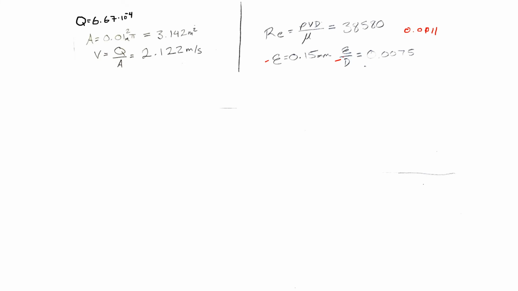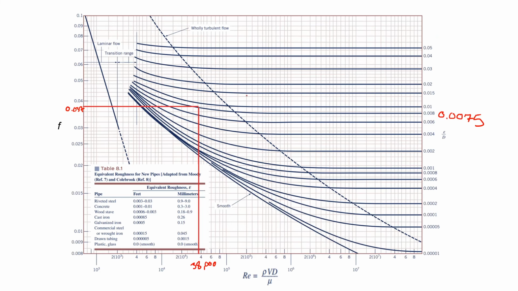Okay, so now with all this information, this relative roughness and the Reynolds number, we're going to go back to our chart and we're going to calculate that. So we're going to find the curve for the 0.0075. We'll call that about 0.008. Follow that until we're over our Reynolds number, which is 38,000.